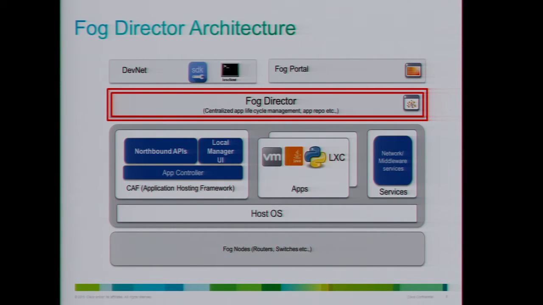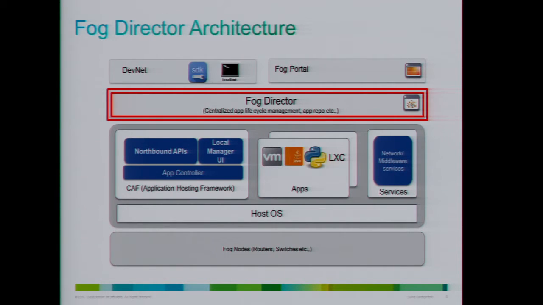What Fog Director does is it actually gives you visibility. As the name suggests, fog, right? It's used for edge analytics, and Fog Director runs on the application layer. As you see here, fog nodes are the nodes, your routers and switches, where you can run your IOx and apps.